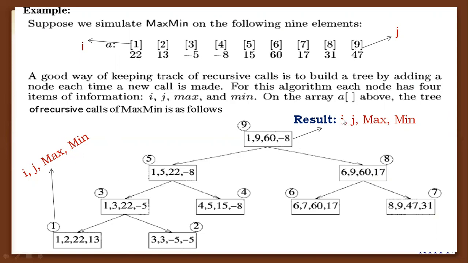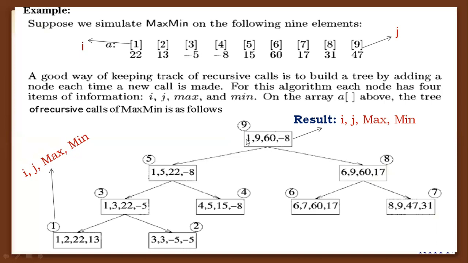So i is the first array index value 1, j is the last array index value 9, the third element is the maximum element, which in the array is 60, and the last one is the minimum element, which in the given array is -8. That means with the given node, we can easily find the maximum and minimum element in the given array.